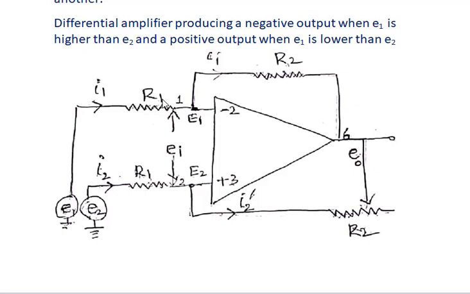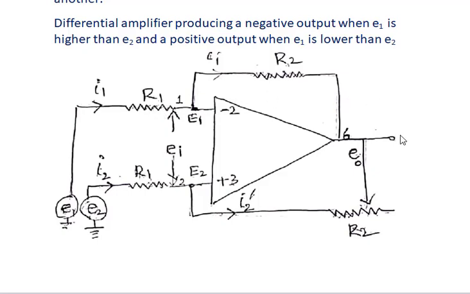The subtractor produces a positive output when E1, the voltage applied to the inverting input, is lower than the voltage E2 applied to the non-inverting input.